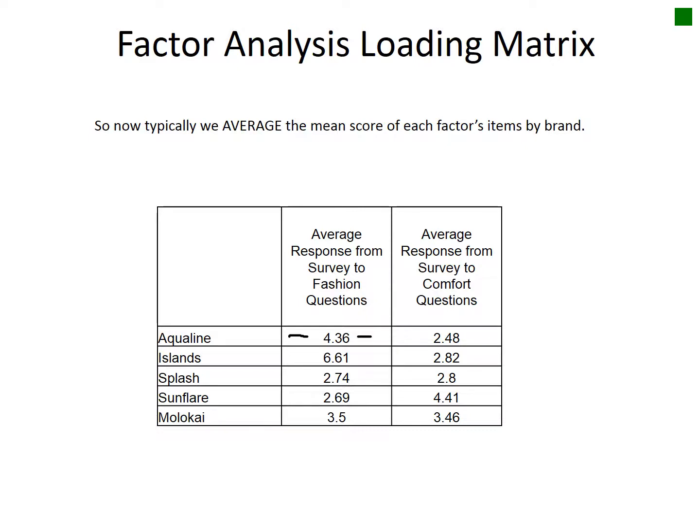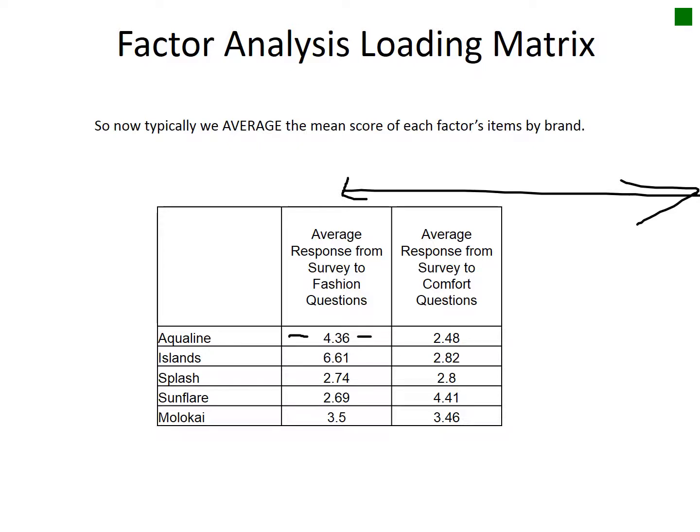Now remember, before we had 5 different brands and we had 15 questions, which means we'd have 75 different cells. We'd have our 5 brands, but across this way, we'd have 15 different columns, one for each question. Now, instead of 75 data points, we have 10.